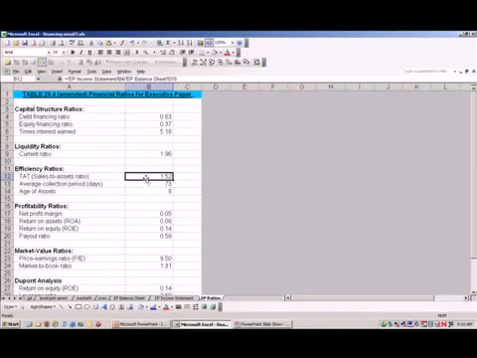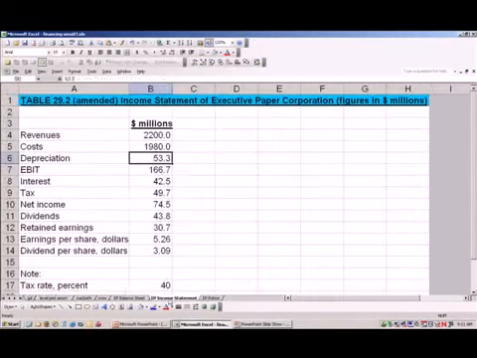So to calculate this ratio, we have to get a number from the income statement in the numerator and a number from the balance sheet in the denominator. So we need B4 from the income statement and D15 from the balance sheet. So let's scoot over to the income statement, and B4 is revenue, which is $2.2 billion.